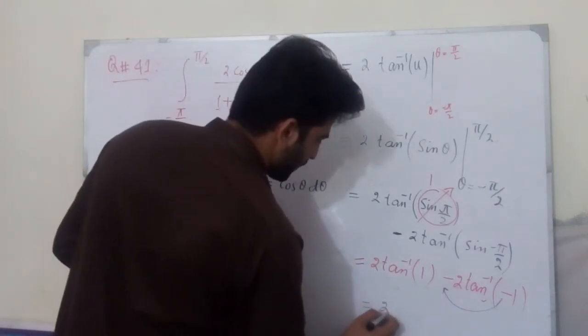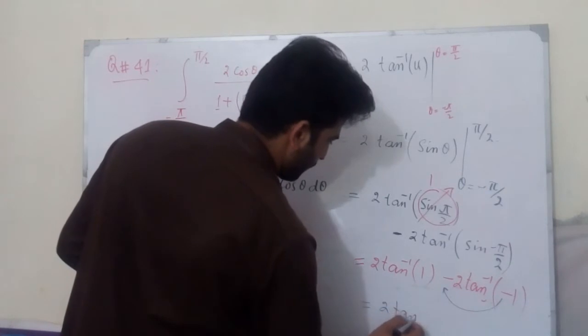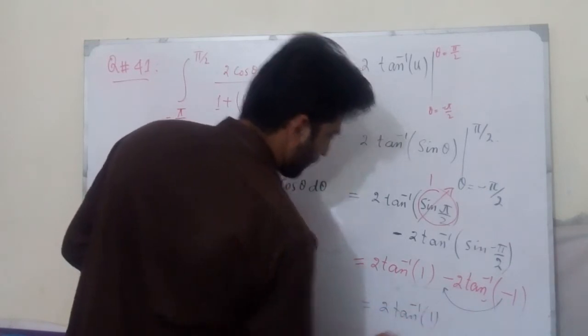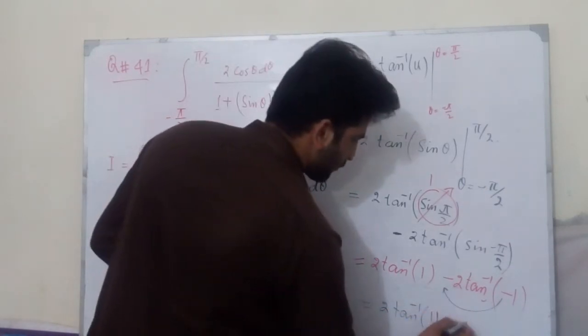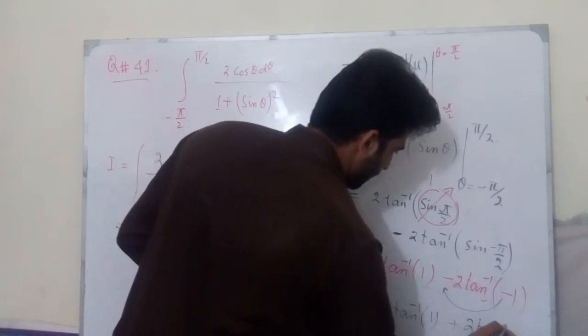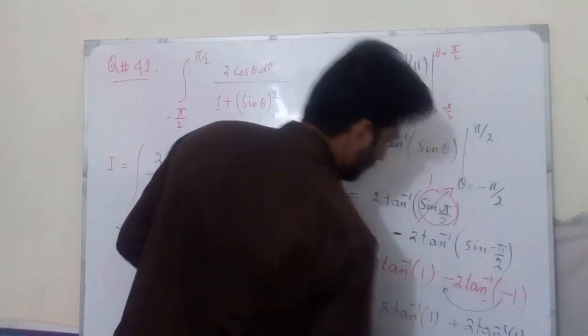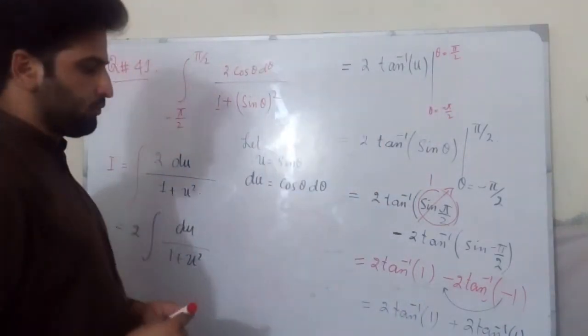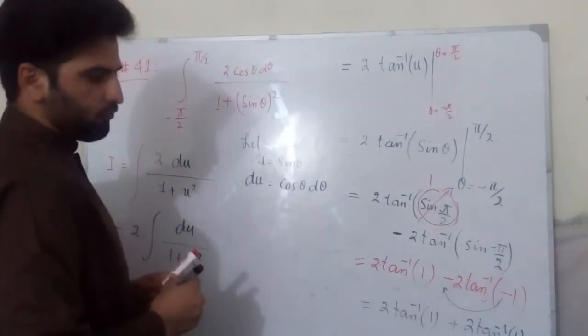So 2 tangent inverse of 1 plus 2 tangent inverse of 1 equals 4 tangent inverse of 1.